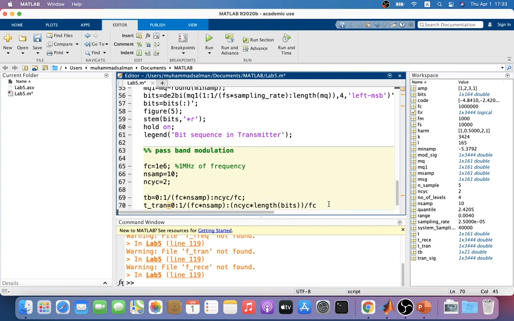Plus I'm adding something, and you have to tell me in the next lab. I'll be randomly asking any person, why did I add this line? I'm adding something here, so I would prefer not to explain it now. So bits -1, but I would ask you in the lab, and then Fc word simple.